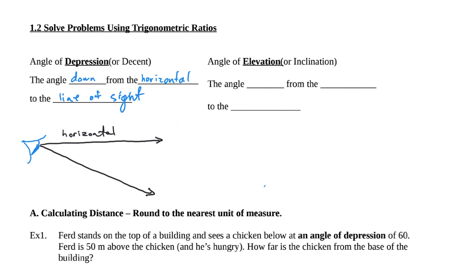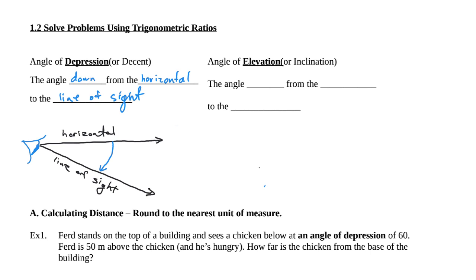So your eye is following this line here, and we call this the line of sight. You'll notice that this angle starts at the horizontal and comes down. We measure that as the angle of depression. We start at the horizontal, and then we move down to what we're looking at. And that is the angle of depression.